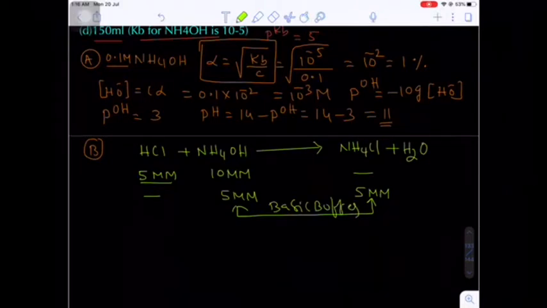Do you know this is a mixture of basic buffer? Yes, this is the mixture of what? Basic buffer. We know how to calculate the pH of a basic buffer solution.